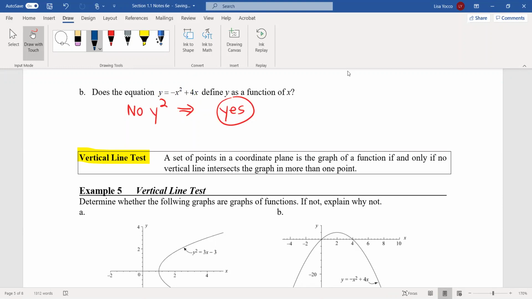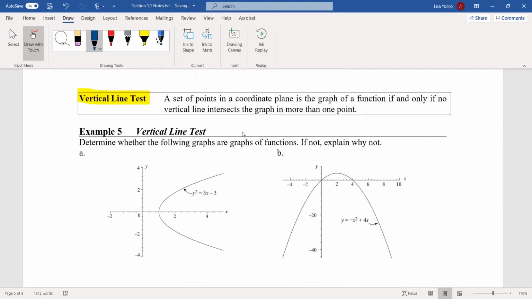So after this section, you won't ever see anything that's not a function. All right. So basically, for a graph to be a function, it passes the vertical line test, which means no vertical line can intersect the graph in more than one point.